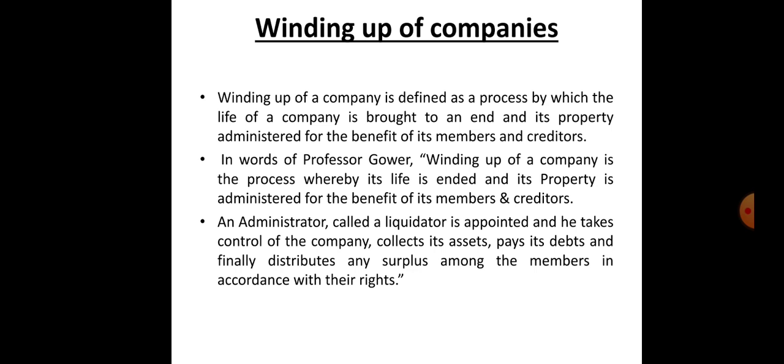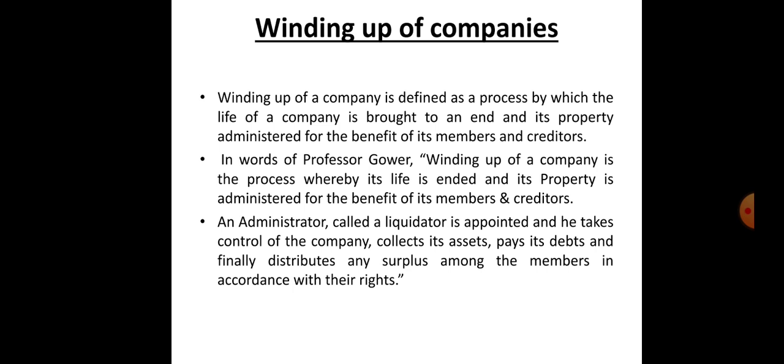Winding up of a company is defined as a process by which the life of a company is brought to an end and its property administered for the benefit of its members and creditors. In the words of Professor Gower, winding up of a company is the process whereby its life is ended and its property is administered for the benefit of its members and creditors.